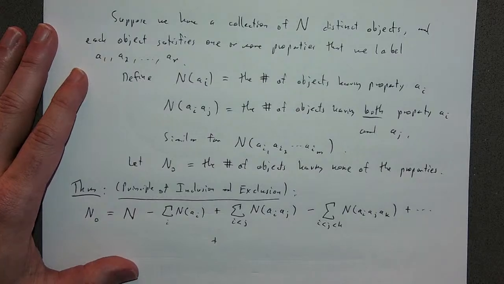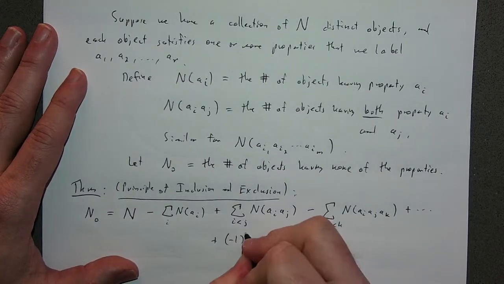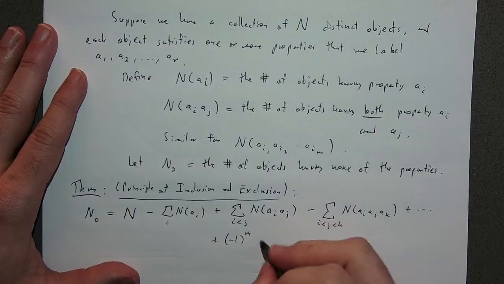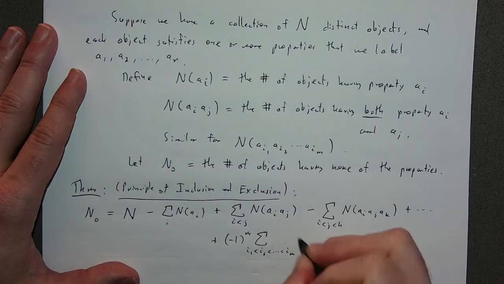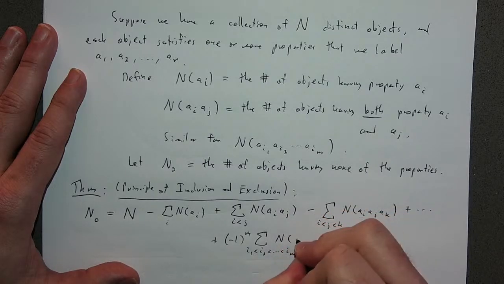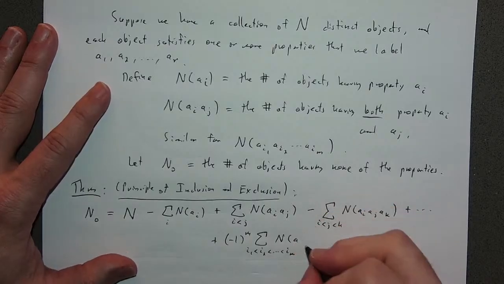A completely generic term here is minus 1 to the m times the sum over indices I sub 1 less than I sub 2 and so on out to I sub m of the number of objects having the m properties.